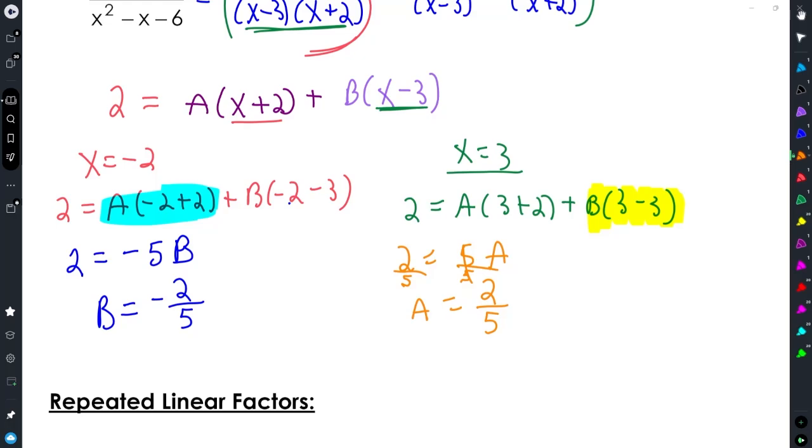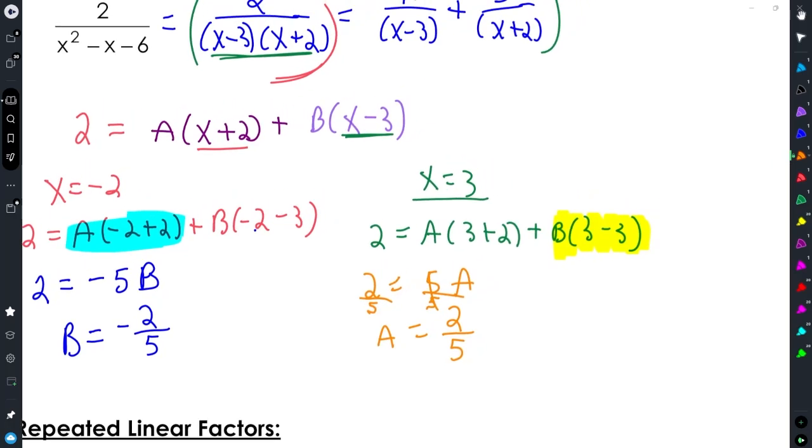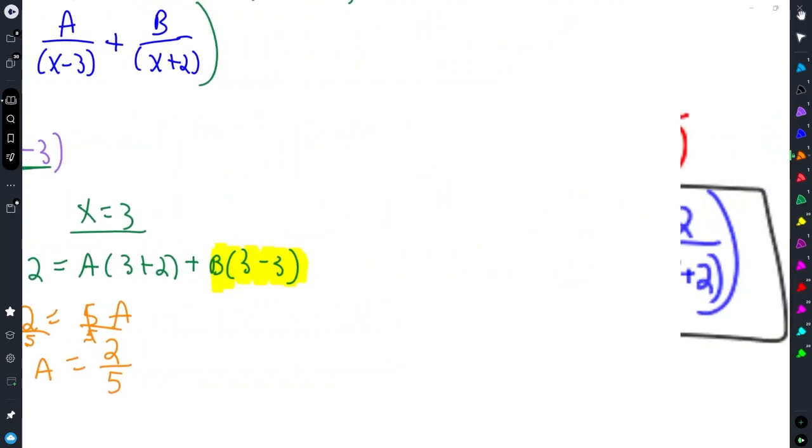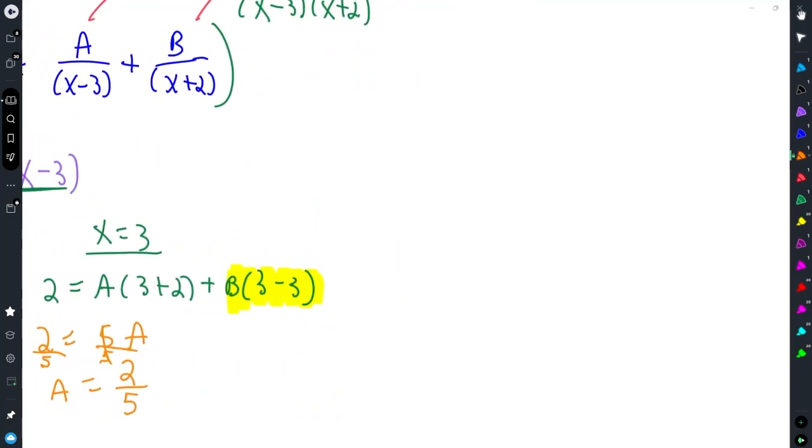So now when we go back to our original and substitute these values in, it's going to give us an issue because we're going to have a fraction within a fraction. So the number on top of A is 2 fifths. So we have 2 fifths over x minus 3 plus, well, our B value was negative 2 fifths over x plus 2.